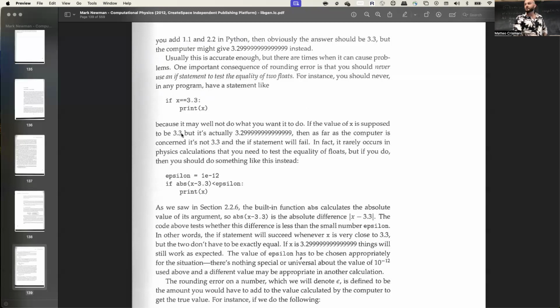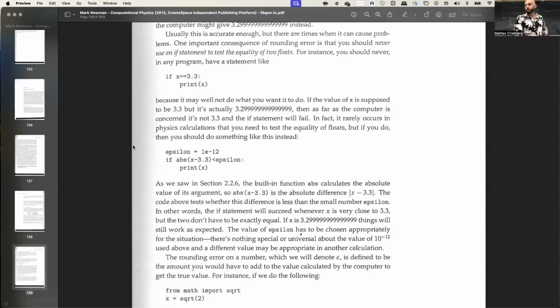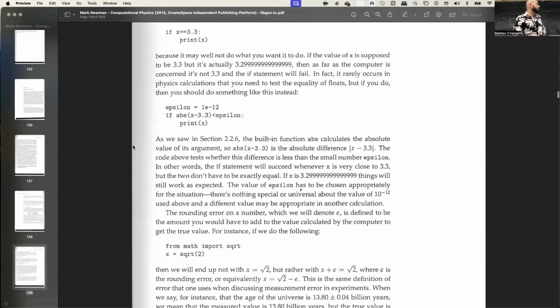You see why that is? Cool. So this numerical error does affect testing the equality of two floats.